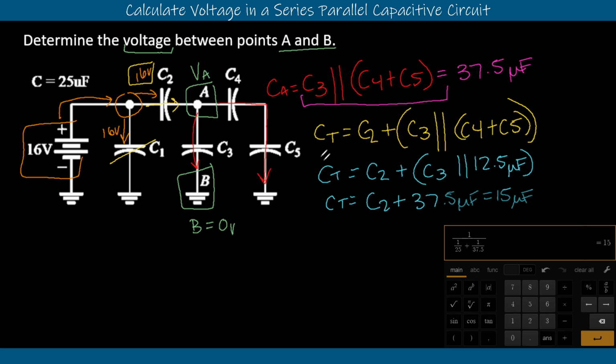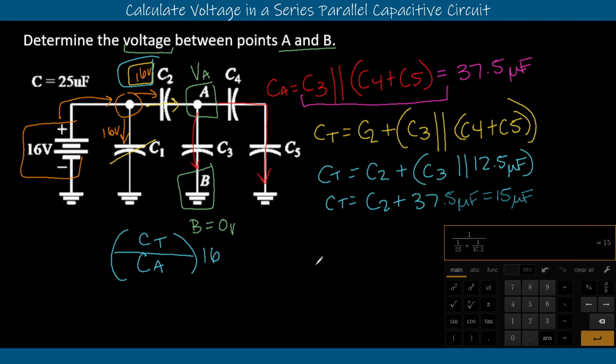We just want to know VA, so we're going to use our voltage divider and say that we have CA as what we want to know our voltage across, and we'll divide that by the top of our CT. So we'll say CT divided by CA, multiplied by our voltage source of 16 volts, which is the voltage leading into this node at the beginning.